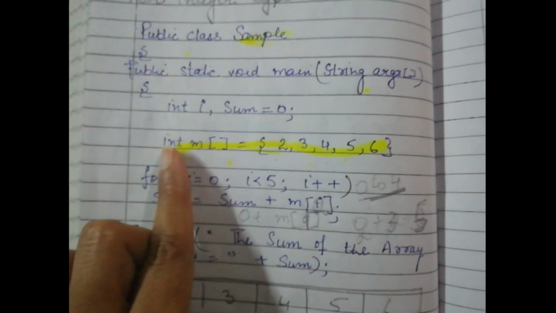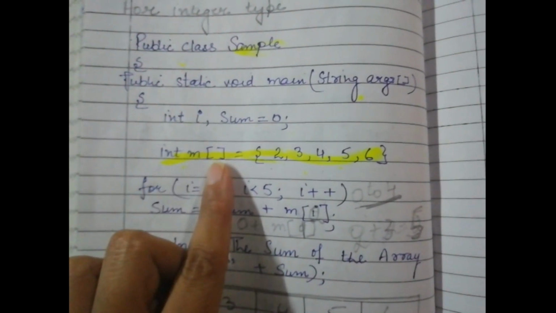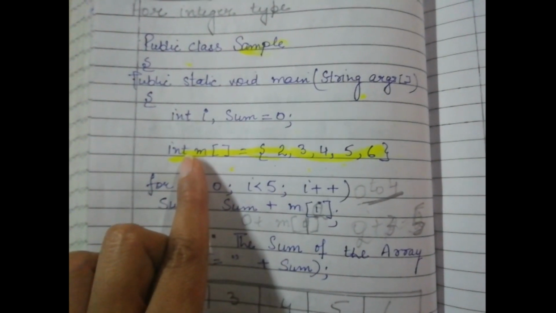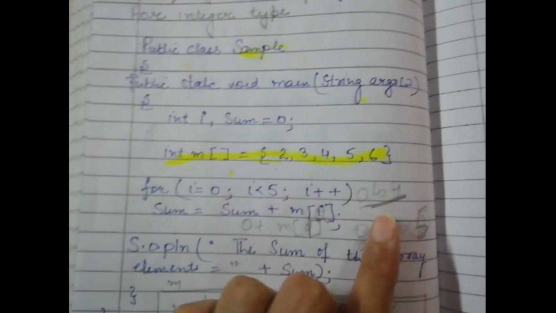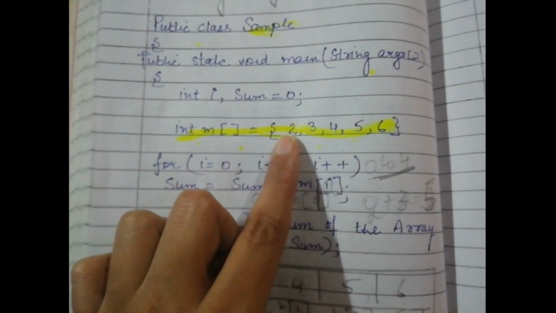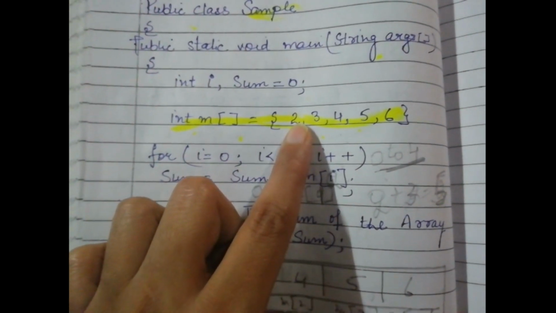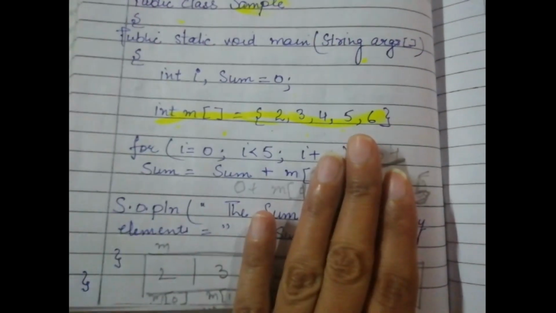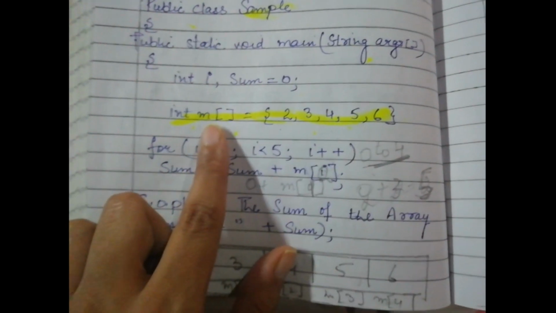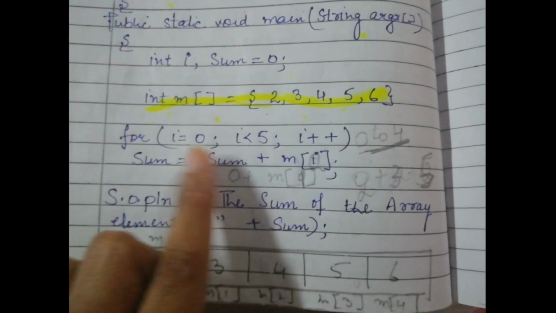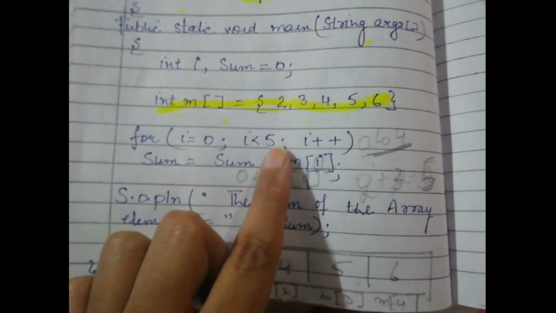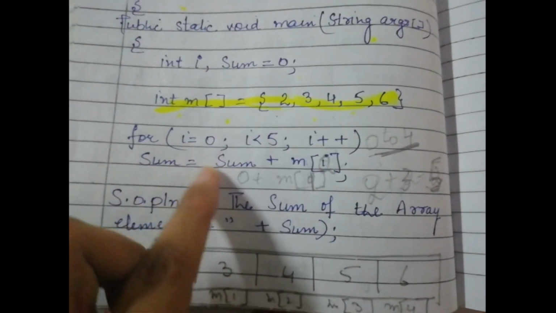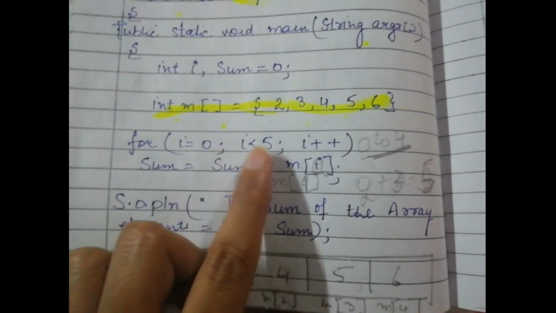Just look at this. Integer m is your array which is of type integer, and these are the integer numbers that you will enter. How many numbers have you assigned? 1, 2, 3, 4, 5. So a total of 5 numbers you have assigned to this array called M. That means this loop will be executed from 0 to 4.